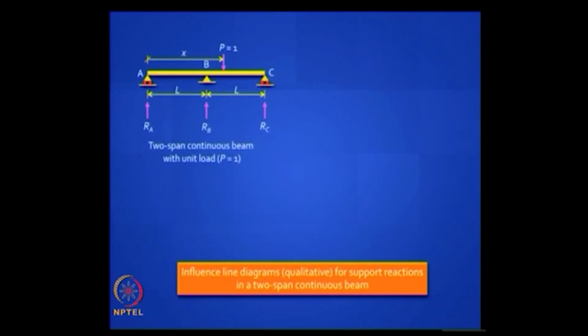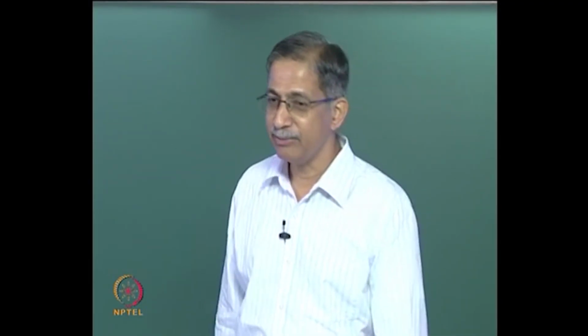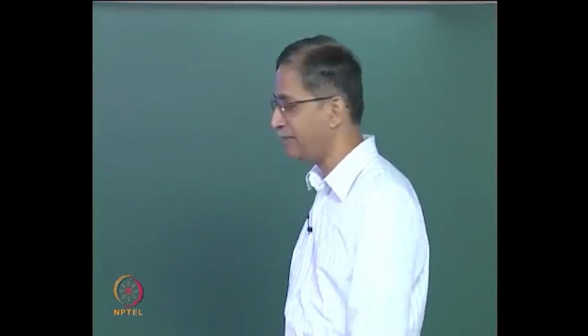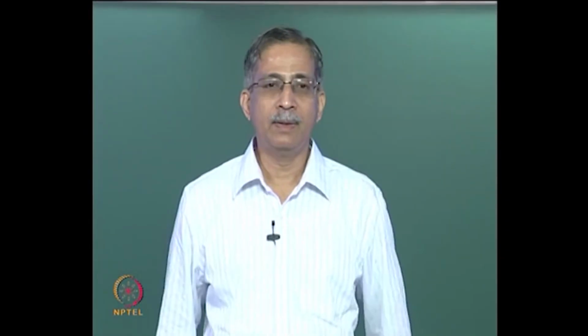Just draw the shapes of the influence lines. RA we have already drawn, okay. Can you draw the influence line diagram shape for RB and RC? Just the shape, and the value will be unity at some location.